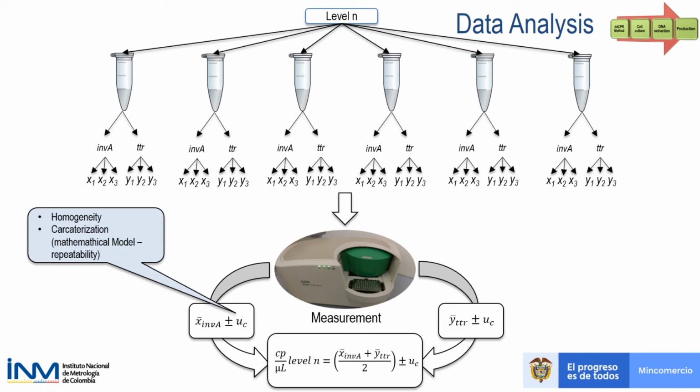For INVA and TTR sequences, the main uncertainty sources come from the homogeneity and characterization, which is related to the precision and mathematical model. For the reference value, the bias between INVA and TTR results is an additional uncertainty source.